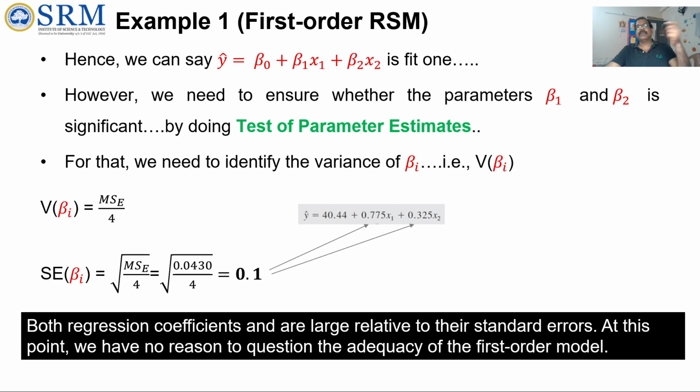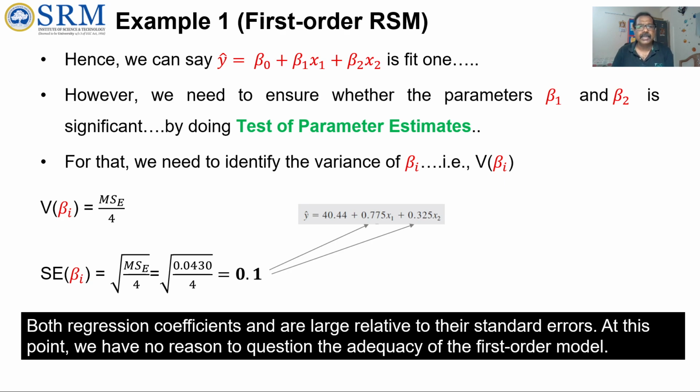Mean square error divided by 4. The variation, the standard error, means the root of mean square error divided by 4. 0.0430 divided by 4 will be 0.1. This 0.1 we need to compare with beta 1 and beta 2. Beta 1 is 0.775, so there is a very big difference, and beta 2 is also bigger.